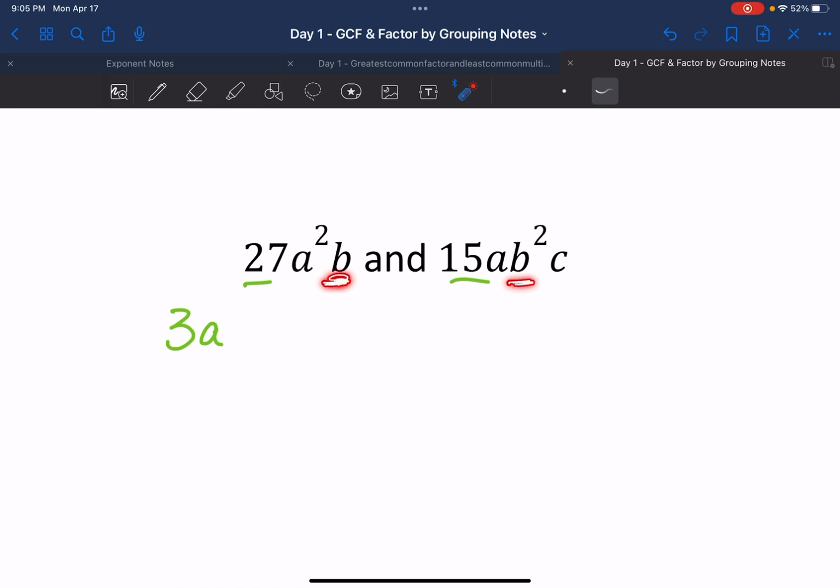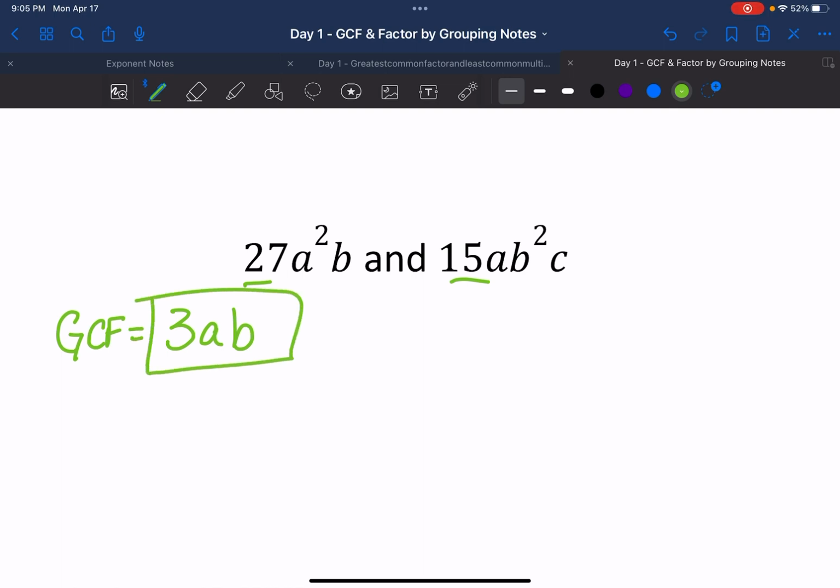I can only take 1 of them out. They share 1b. Now my next question is do they share a c? No, I don't see a c here. So my greatest common factor, my GCF, is just 3ab for each of these monomials.